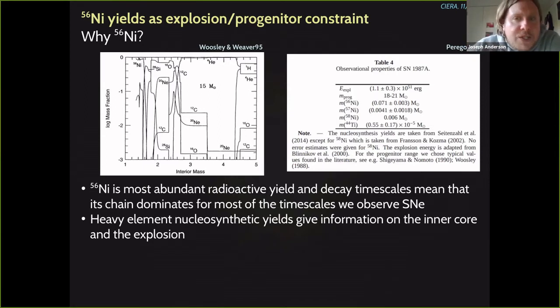So specifically here, you see in the top left a plot. This is from spectral evolution explosion models. On the x-axis is the interior mass. So as you go to the right, this is going further out in the star, and this is the central part of the star here, the central solar mass. This is mass fraction.